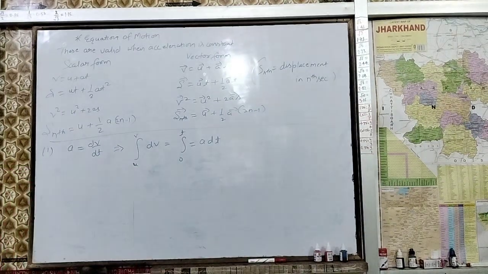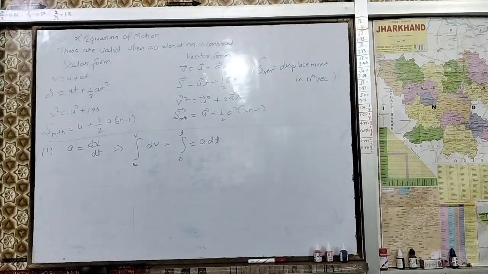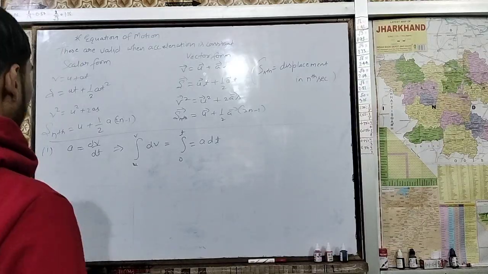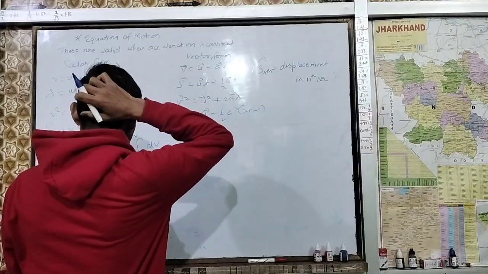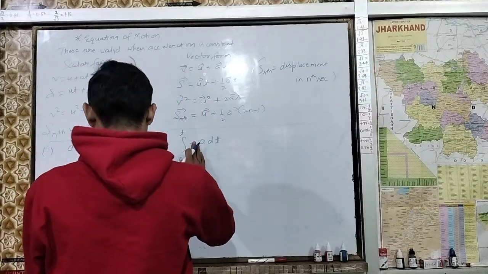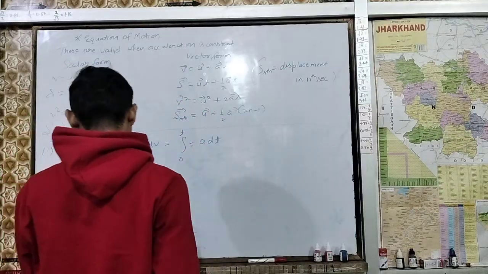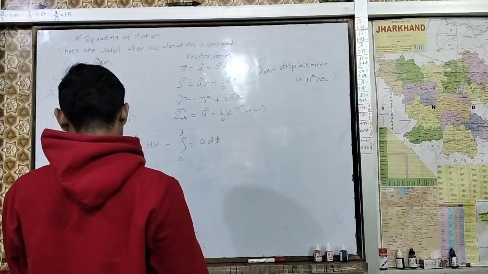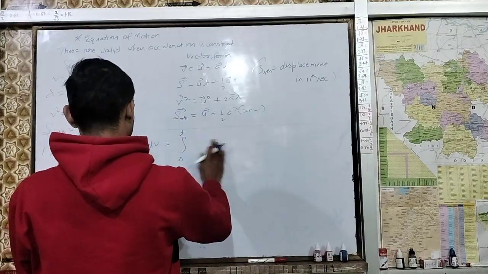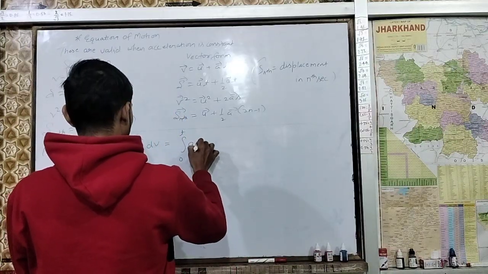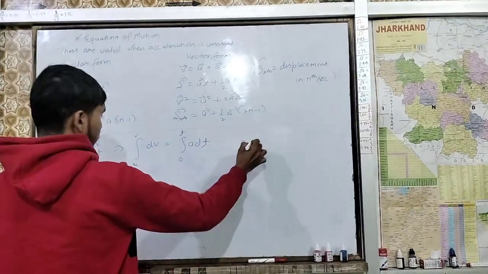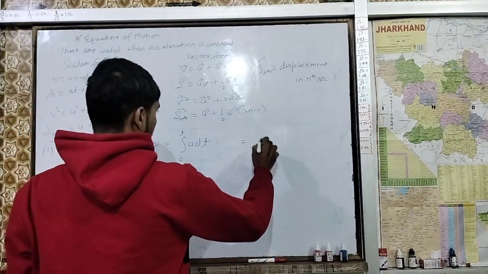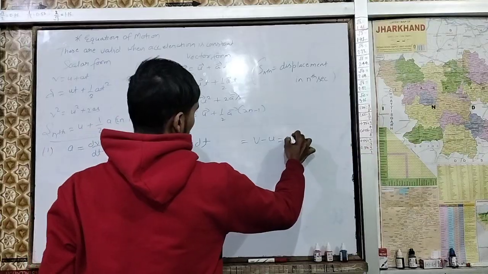So time is from 0 to t, and velocity from initial velocity to final velocity. And from here we will get v minus u is equal to at.